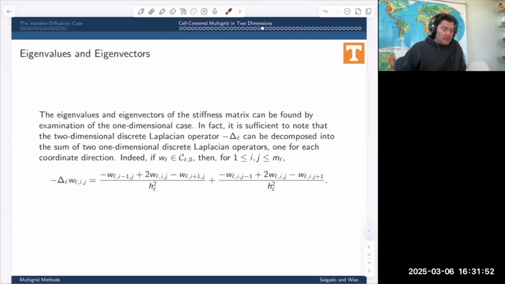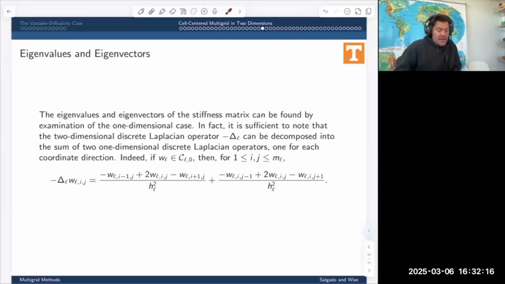Now, let's talk a little bit about eigenvalues and eigenvectors. Once we do that, then we know how to analyze our method if we're using, for example, something like the Richardson smoother. The good news is you really don't have to do any extra work.